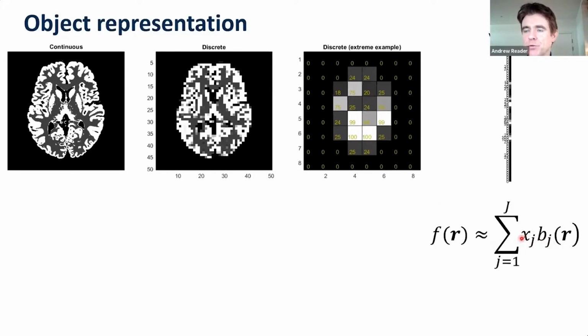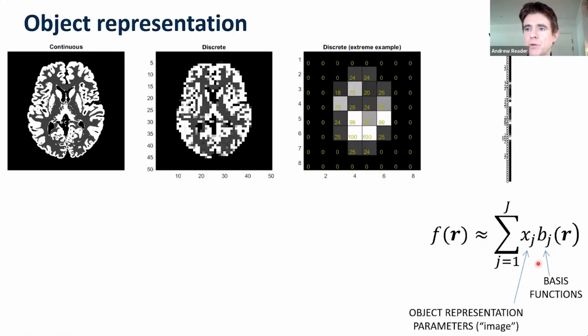And then we've got coefficients, which are the elements in that vector X. So there we are, just spelling that out. Object representation parameters. Image reconstruction, as I've said in the past, should really be called estimation of object representation parameters. That's what we're really doing here.